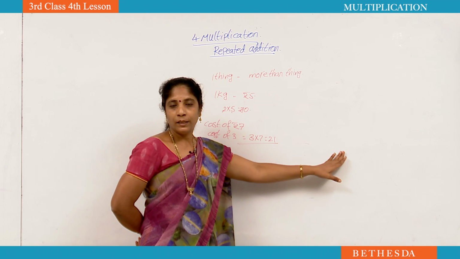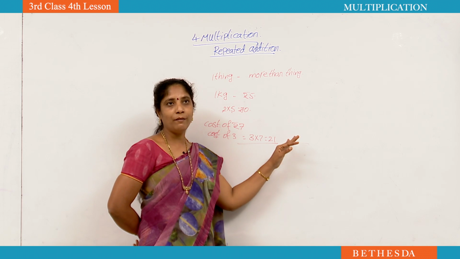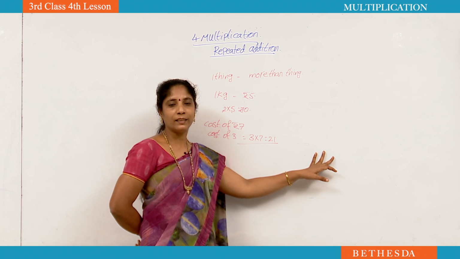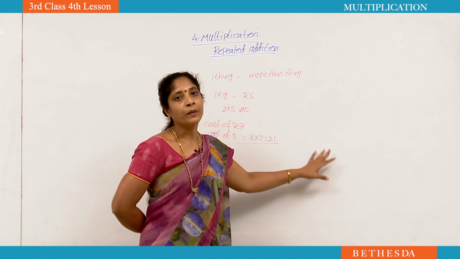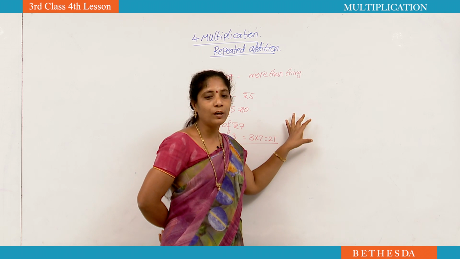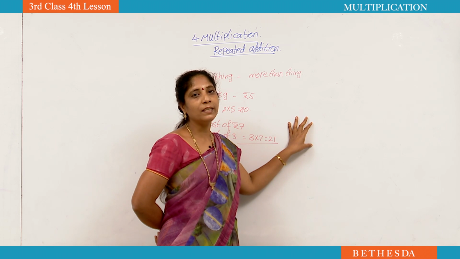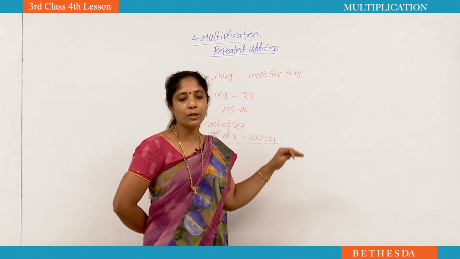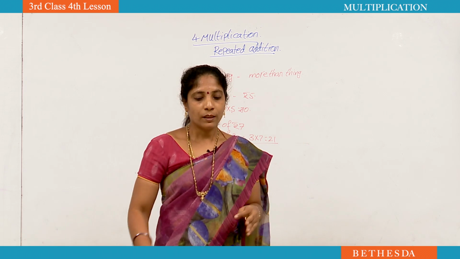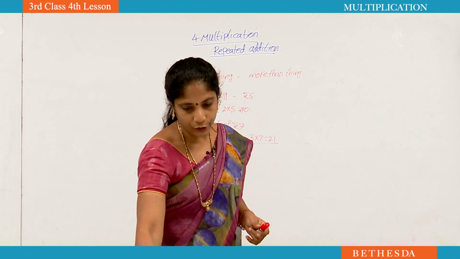Teacher, total is there? No teacher, I will do addition. Maybe you will say like that. Yes, total usually means addition. But here, you have to read the sum and understand it. He gave the cost of one thing. We have to find the cost of more things. Then we have to do multiplication.